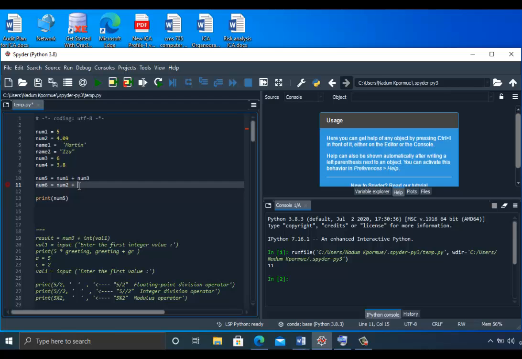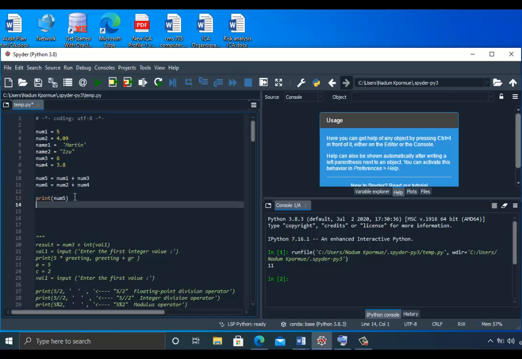Okay, so what we'll have there now is num4. Okay, I'm going to print both results out, while this will be num6.